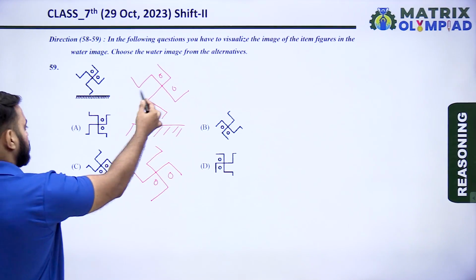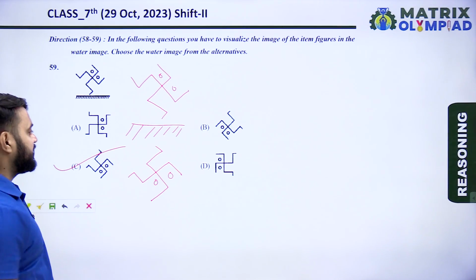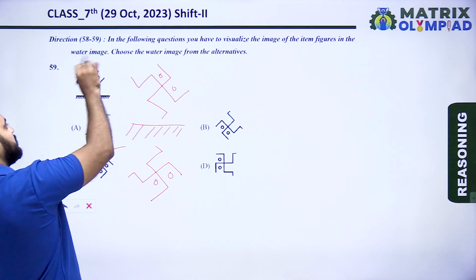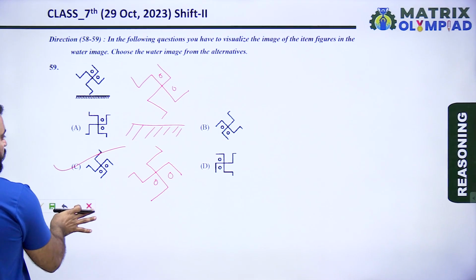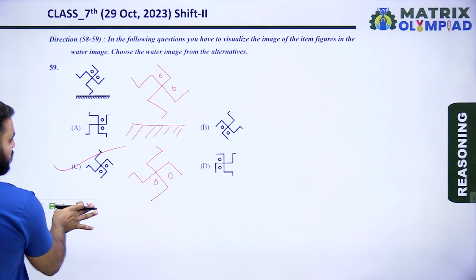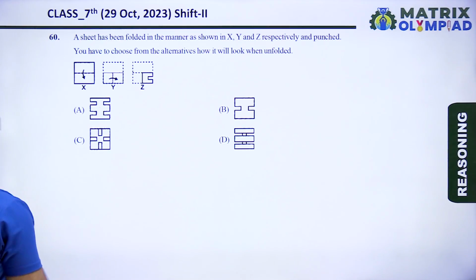So option C is the correct water image of the given figure. So here option C is the correct answer of this question. So let's move on to the next question. The next question is question number 60.